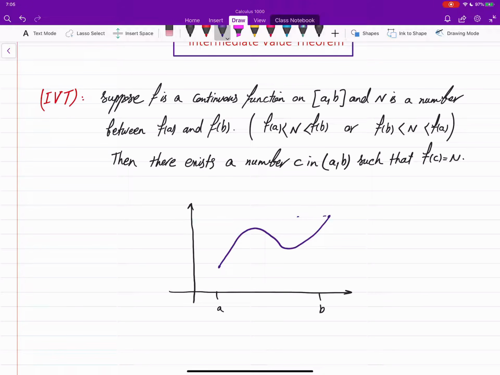Now assume that you have, this is f of a, this is f of b. Now it says that if n is any number between these two, then if you draw a horizontal line passing through n, it will intersect the graph of this function on this interval at least once.